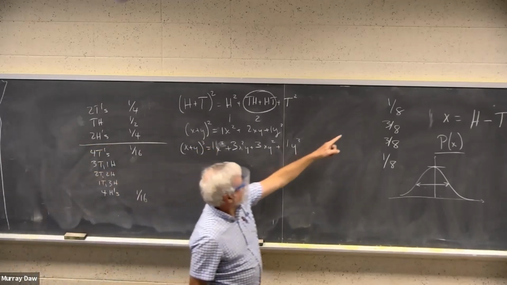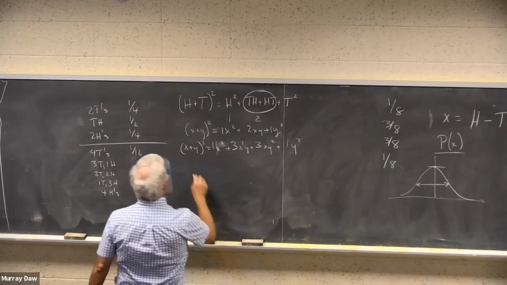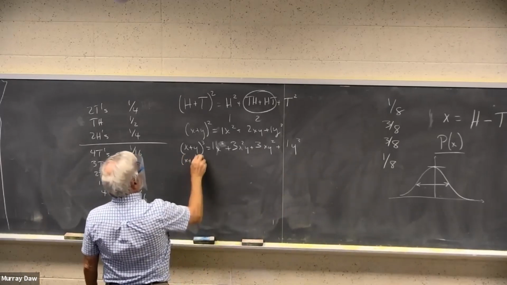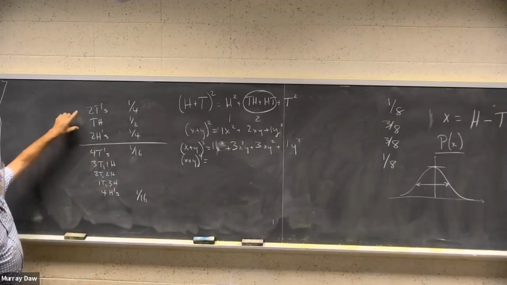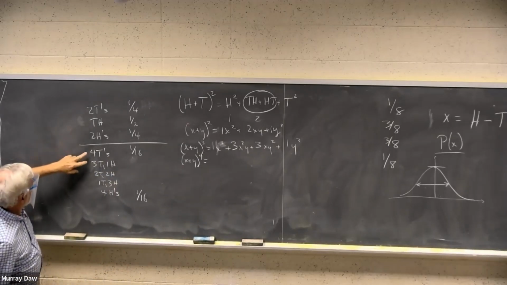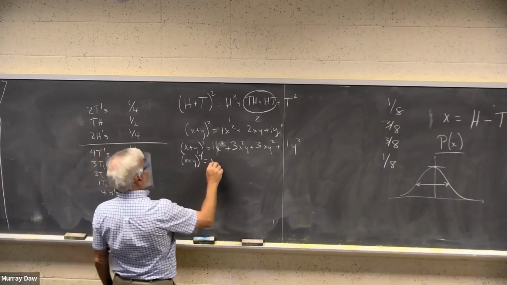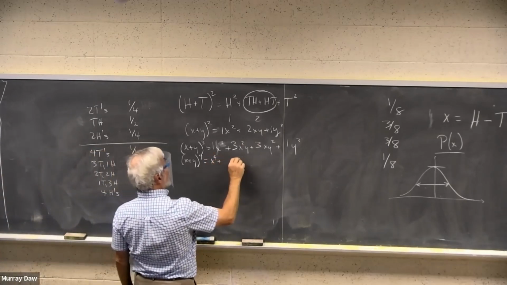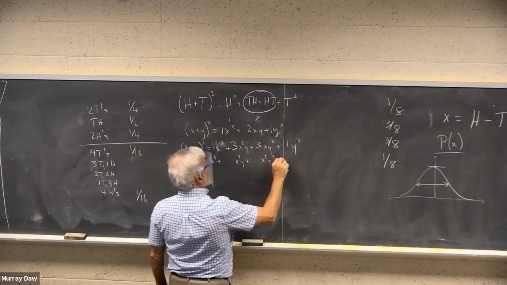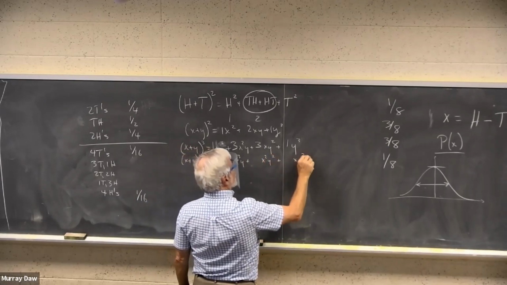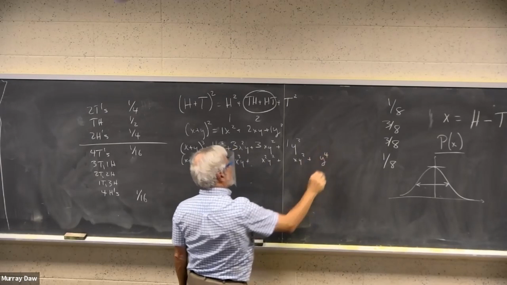Here, 1, 3, 3, 1. Let's see. Here's the 4th power. So it's x to the 4 plus what? X cubed y plus what? X squared y squared plus what? X y cubed plus something y to the 4.